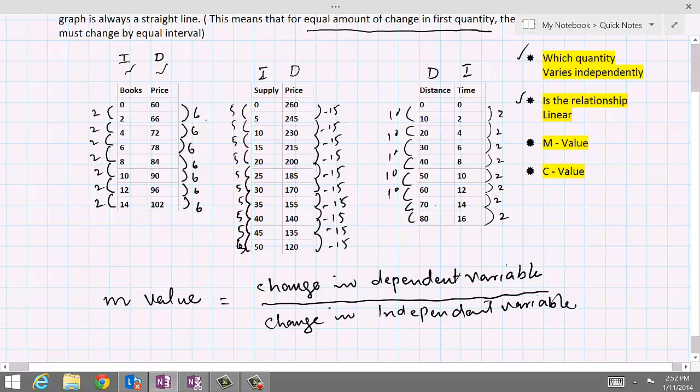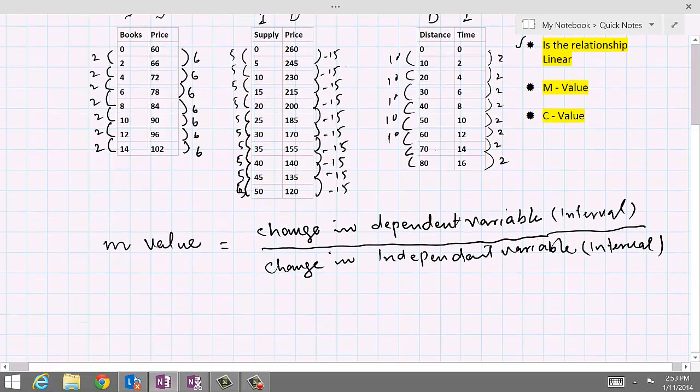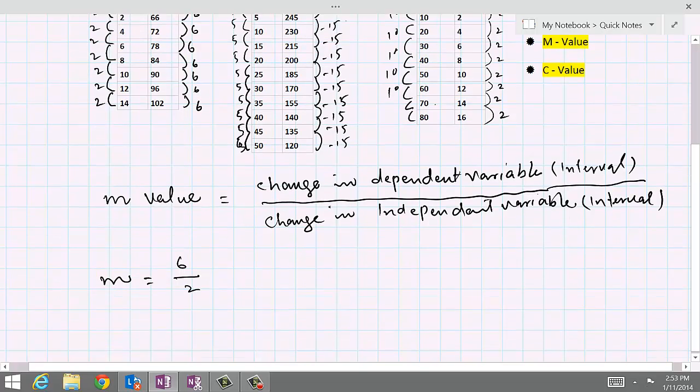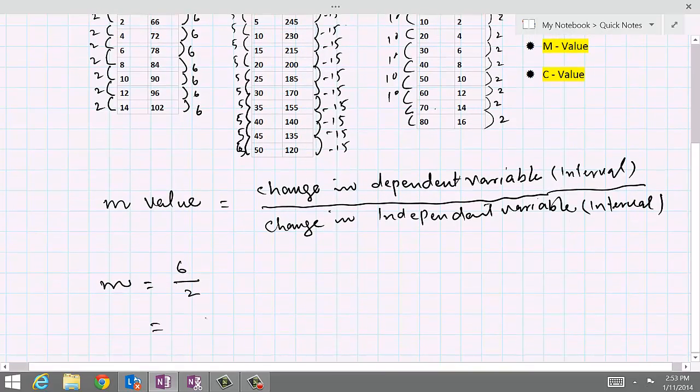Like the interval of change in the dependent and the interval of change in the independent. So if we want to find out the m value for the first one, what is the interval of change in the dependent, which is price? That is 6. And what is the interval of change in the independent? That is 2. And therefore the m value is equal to 3.